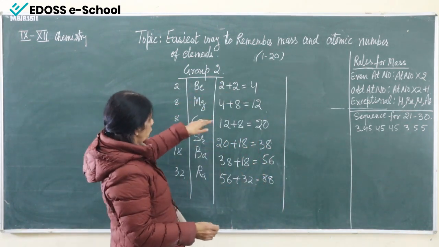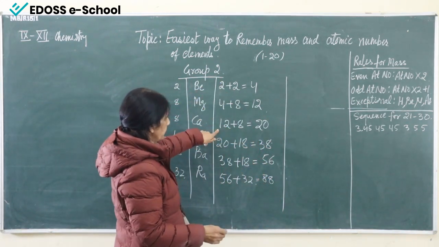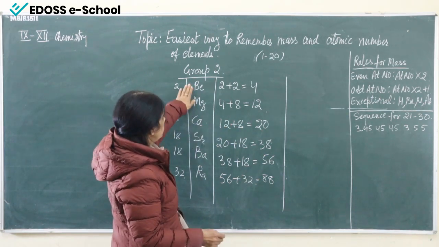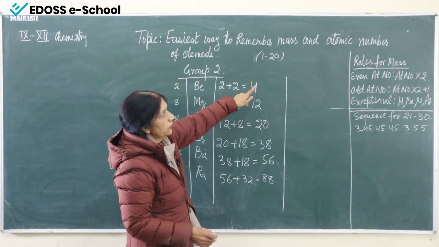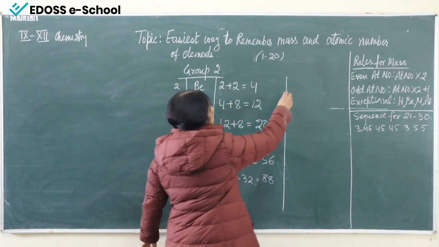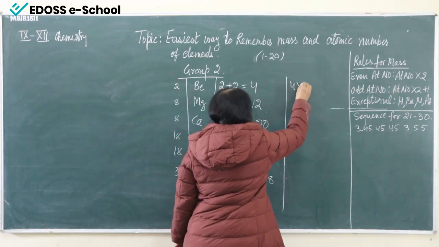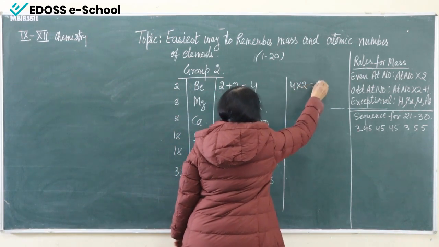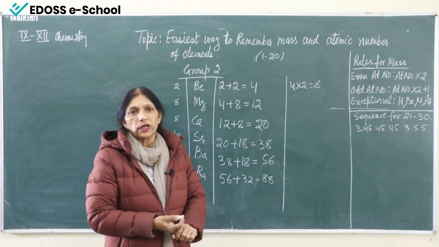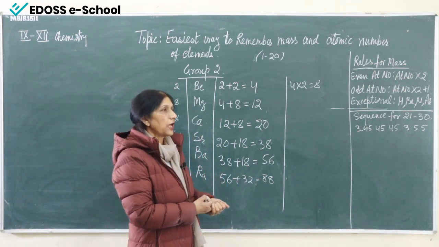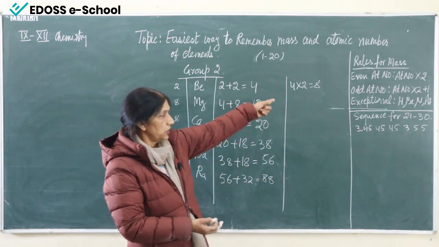Up to 20, up to here we can find, there is no exceptional case. So beryllium, because this is E1, we will have to multiply 4 into 2. This is 8. This atomic mass is not coming in decimal. Whenever we use such atomic mass for calculation, we take these values.